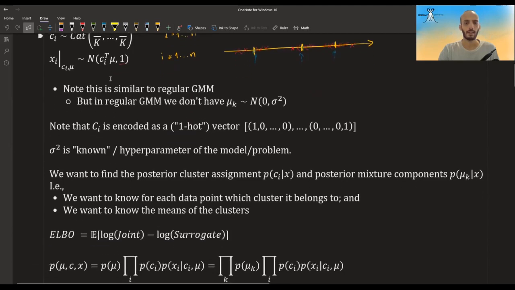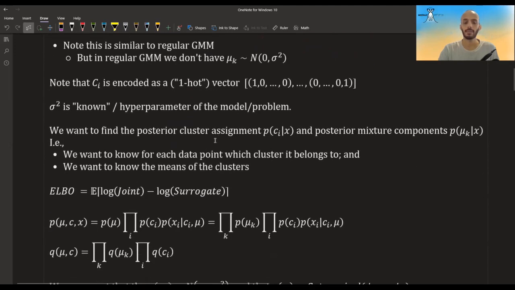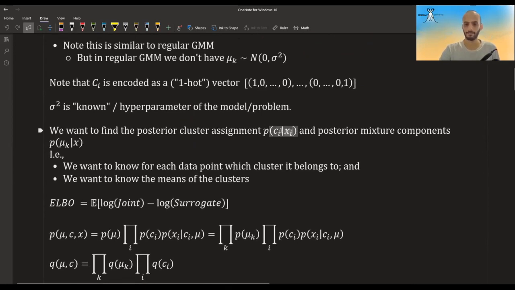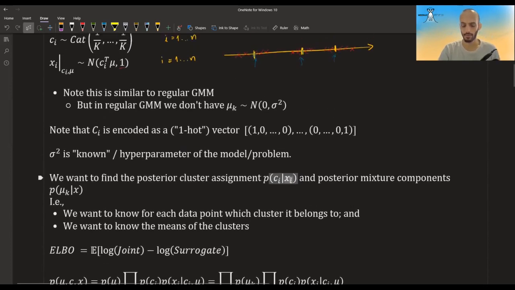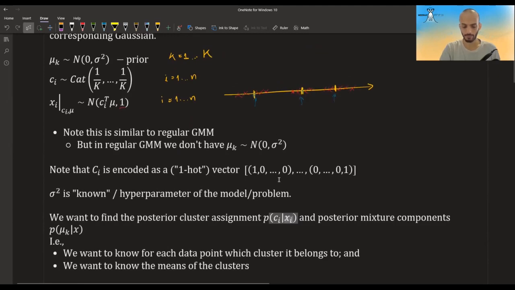Okay, now what we want to find is a posterior cluster assignment. So the probability that the ith observation belongs to cluster 2, maybe, given that we know what the data point is. So if we know that this is the data point, what is the probability that it belongs to cluster 1, and what is the probability that it belongs to cluster 2, and what is the probability that it belongs to cluster 3.